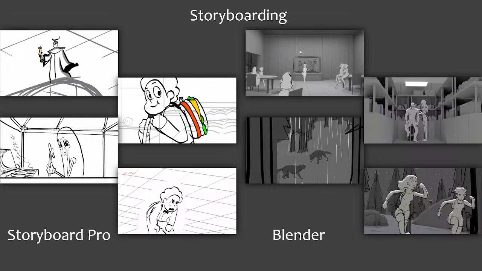In the animation industry, the storyboard software of choice is called Storyboard Pro. It's really good. If you've ever worked with it, you know it is. There are things that I don't like about it. Plenty of people don't like that.